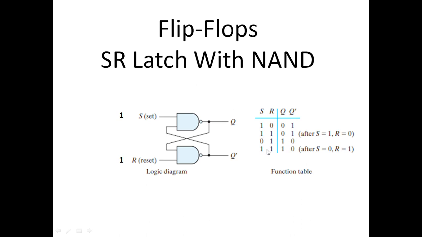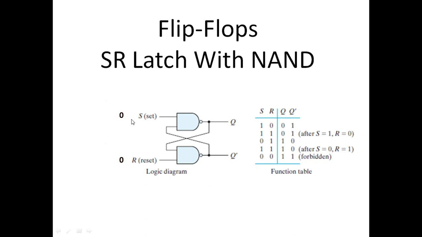But later on, when 1 1 is provided, we get 1 0. Why? Because of the previous input. The previous input here is different than the previous input here. So the current output is not only dependent on the current input, but also on the previous input, or the current state of the latch.